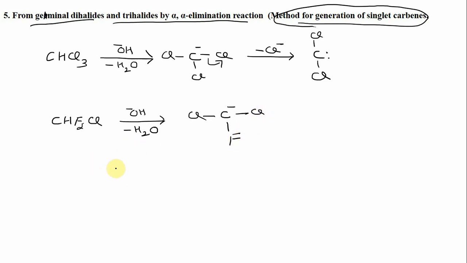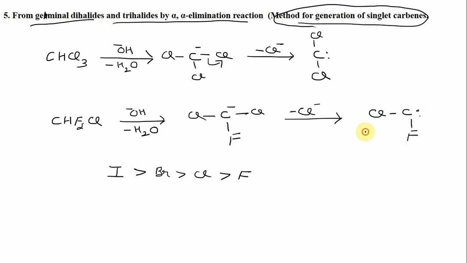The leaving tendency of the halogens is in the order iodine, then bromine, then chlorine, and then fluorine. Fluorine is a very poor leaving group, while chlorine is a better leaving group. So chlorine leaves as Cl negative ion. This results in the formation of fluorochlorocarbene. So the formation of this carbene is selective.